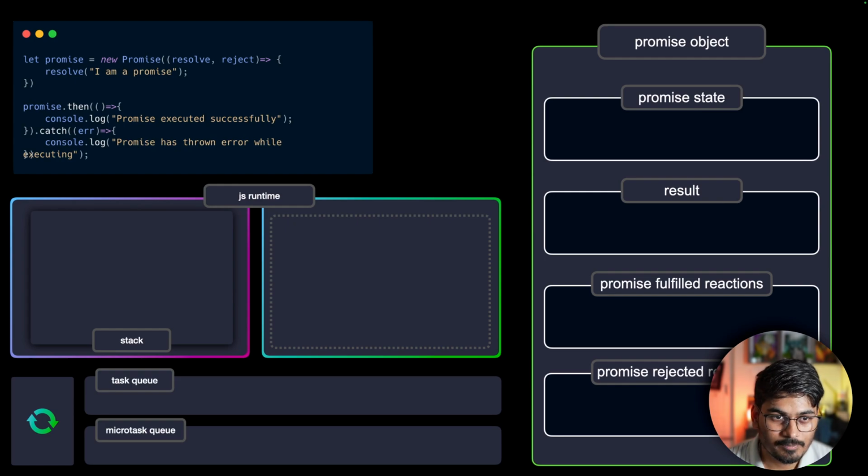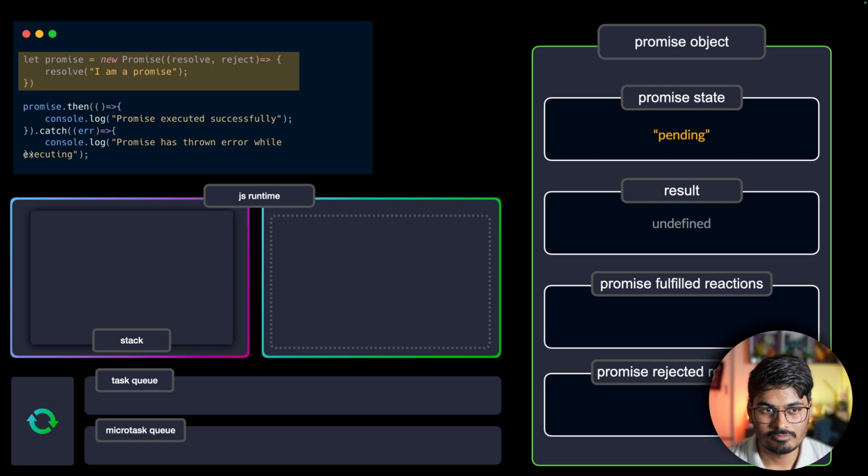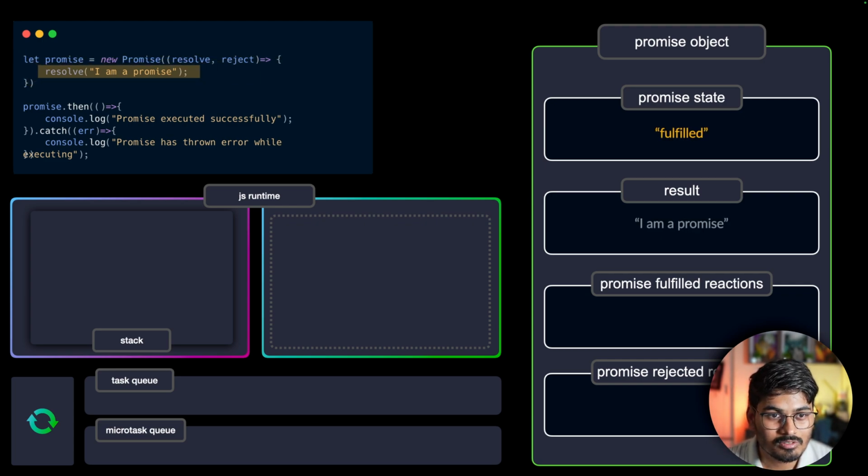Here, again, we are taking a fairly simple example. Whenever the promise is being loaded into the memory, its state will be pending. It's not resolved, right? So after resolve, because I have hard coded the value, it will resolve immediately and the promise state will be fulfilled.